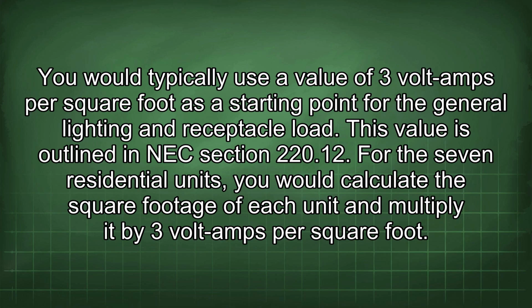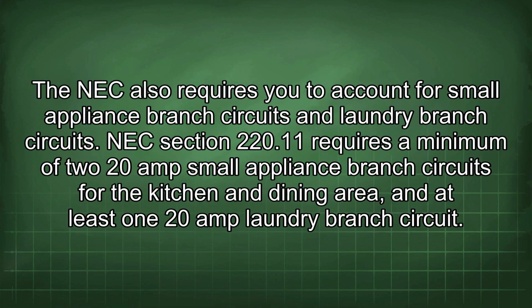For the 7 residential units, you would calculate the square footage of each unit and multiply it by 3 volt-amps per square foot. The NEC also requires you to account for small appliance branch circuits and laundry branch circuits. NEC section 220.11 requires a minimum of 2 20-amp small appliance branch circuits for the kitchen and dining area, and at least one 20-amp laundry branch circuit.